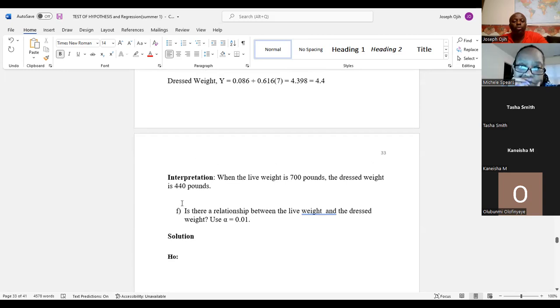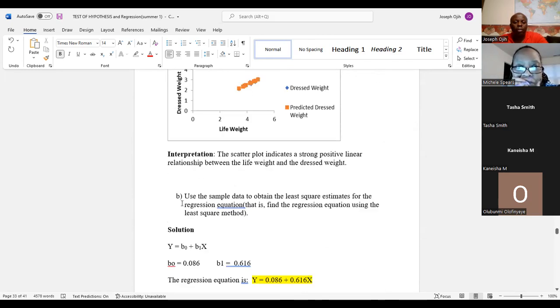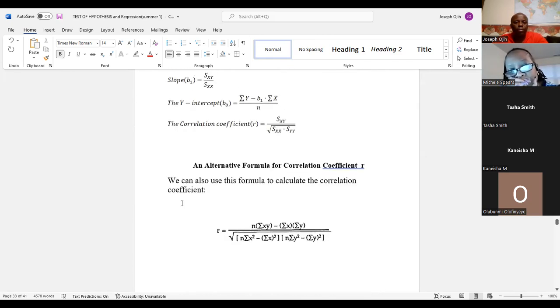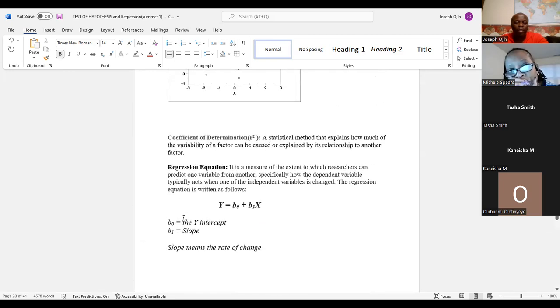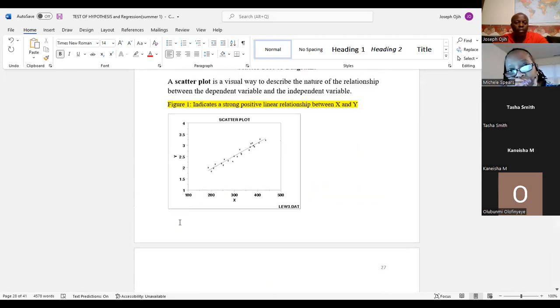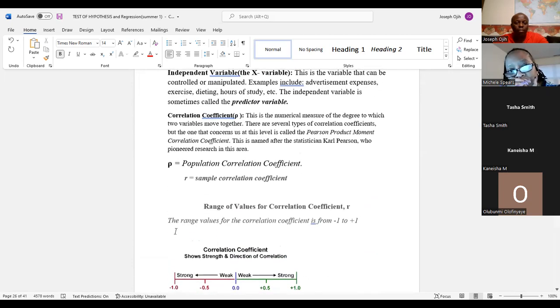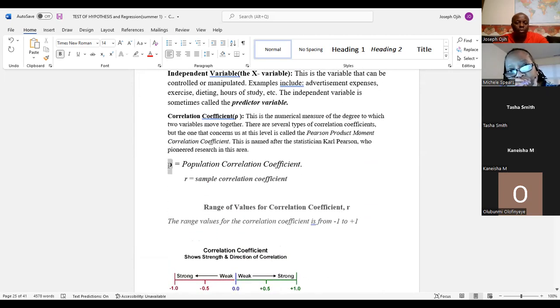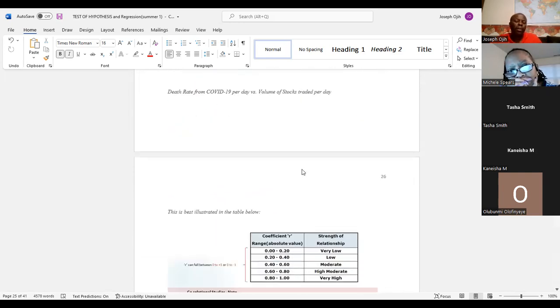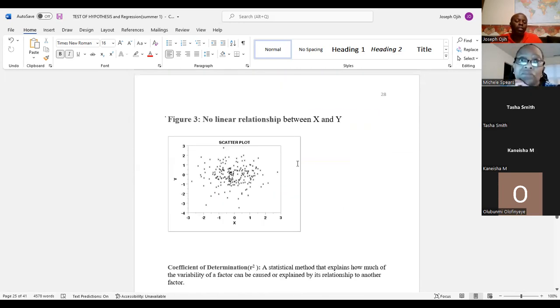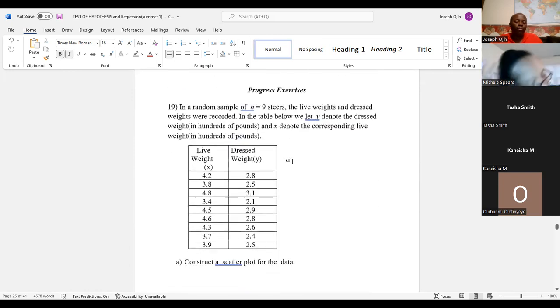First of all, put rho. This symbol is rho, and it represents the population correlation coefficient. So rho equals 0.